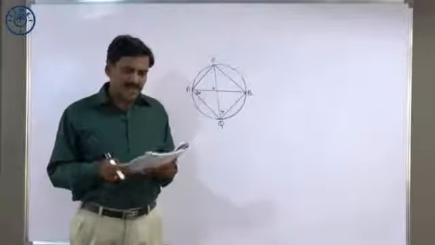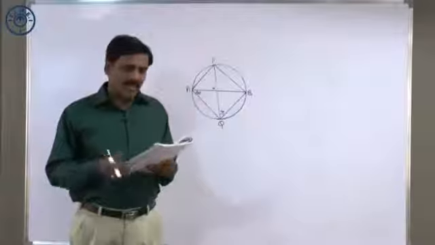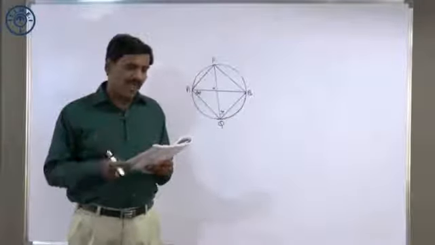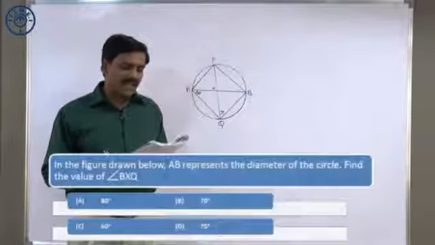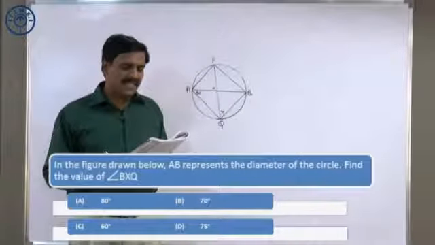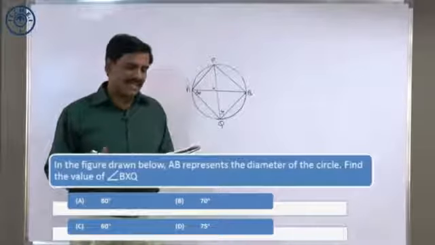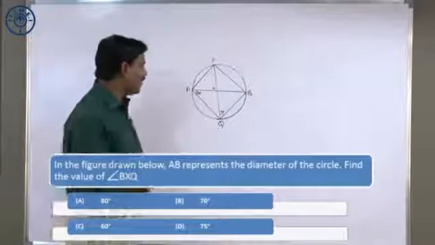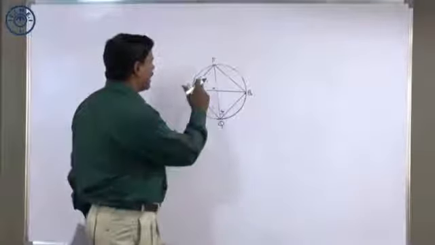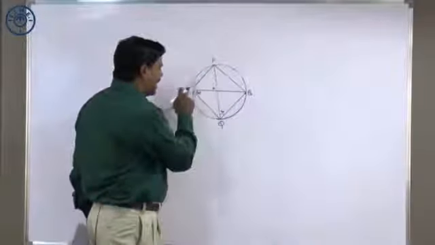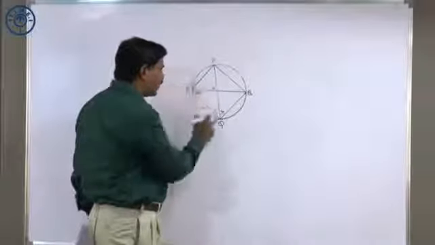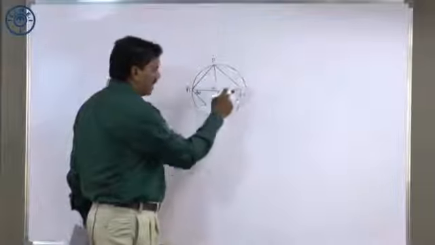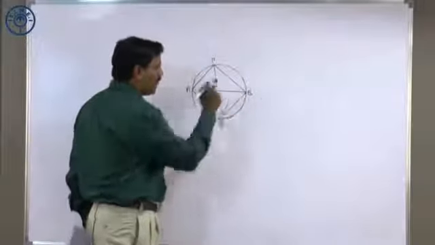This problem is dealing with angle in a semicircle. If you are looking at the question, in the figure drawn below, AB represents the diameter of the circle. How much is the measure of angle BXQ he is asking for? And we have the information from the figure that angle XAQ is 30 degrees, and XQB is 40 degrees.